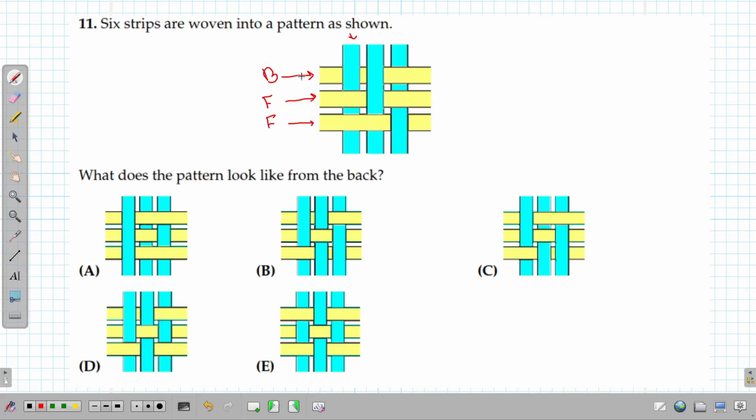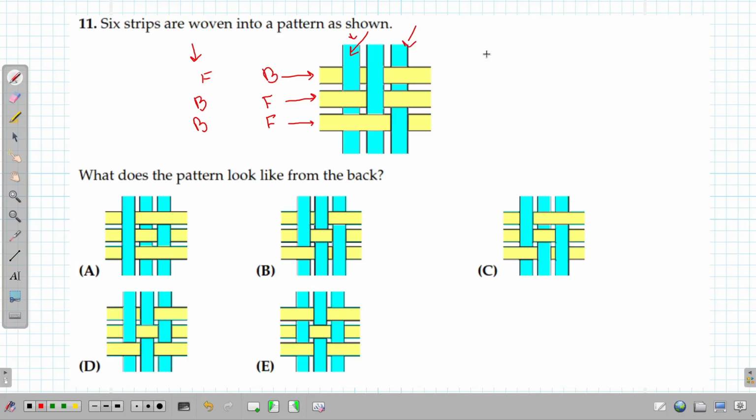Now we have to invert this, as we're going to look at this blue strip from the back. So the back will become a front, the front will become a back, and this front will also become a back. So this is our pattern. And also this blue strip right over here will come over here when we look from the back.